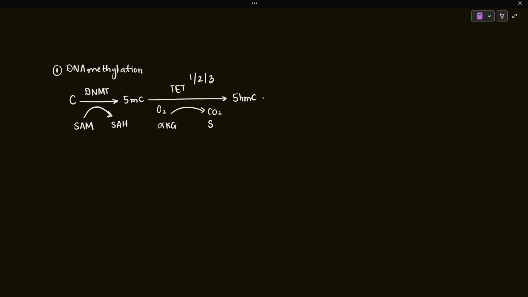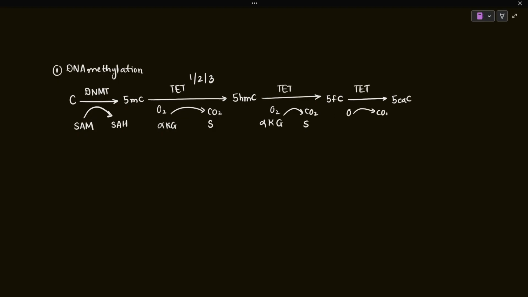This 5-hydroxymethyl cytosine can be further converted into 5-formyl cytosine, and this 5-formyl cytosine can be further oxidized into 5-carboxyl cytosine. Again, these steps are TET mediated. All of those require oxygen as well as alpha ketoglutarate as the substrate.